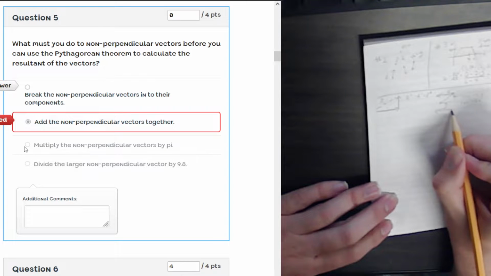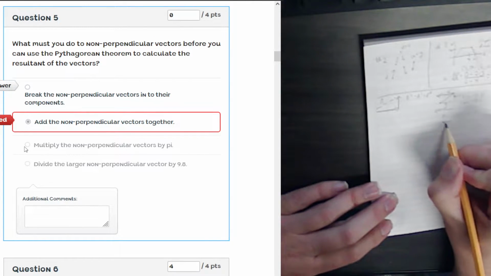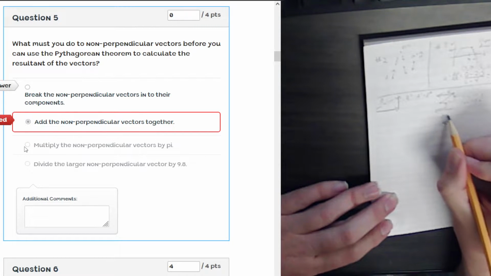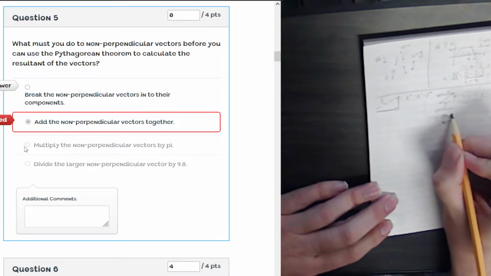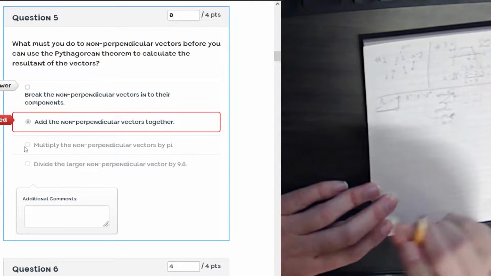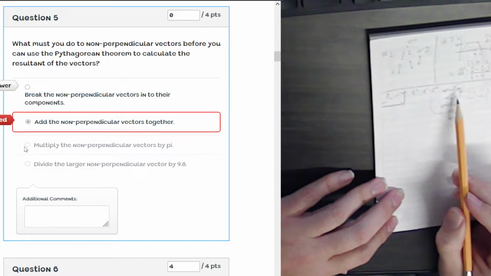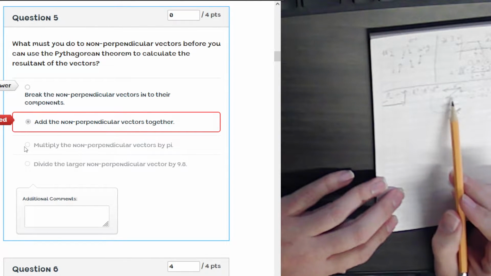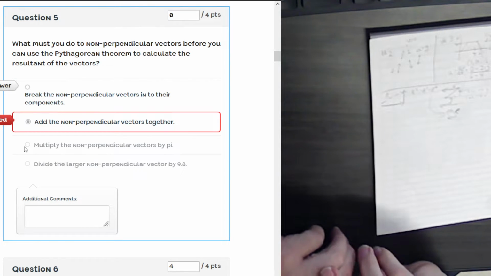So you'd have this tiny little triangle here that's a little bit of up and a little bit of over. And then we can use the Pythagorean theorem here to find this resultant. So that's all the question is saying: you need to break the non-perpendicular vectors into components. That way you can easily add them.